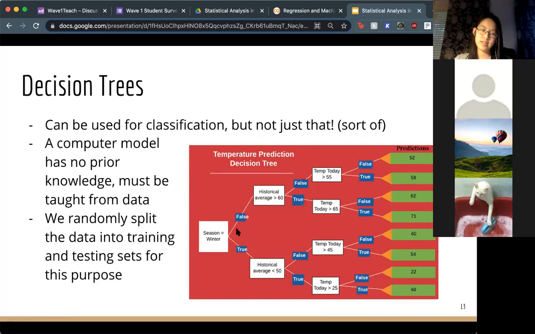So the issue is that decision trees by themselves are not a good way to classify or predict, because it is a one-off chance that your model randomly generated based on some really quick trends. It could be totally wrong, because your model doesn't know anything about the data. It has no prior knowledge, and it doesn't know that winter should be cold, or what the historical average usually is. So it's hard to gauge, especially with only a decision tree.